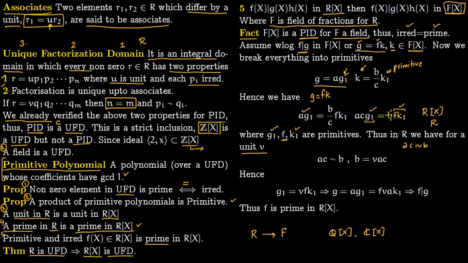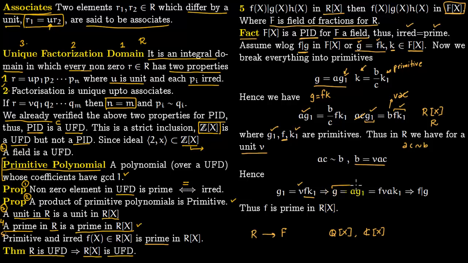Now coming back to the equation, instead of b you write v a c. You cancel ac with ac, and you get g1 equals v f k1.